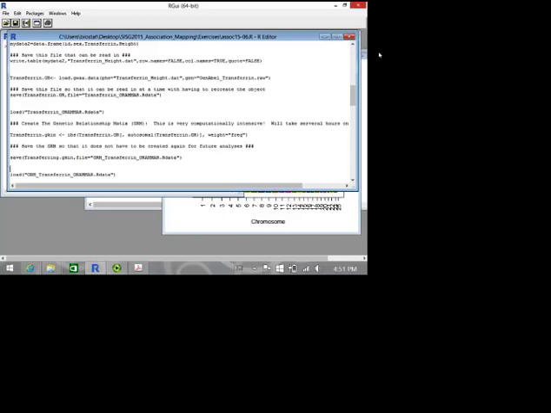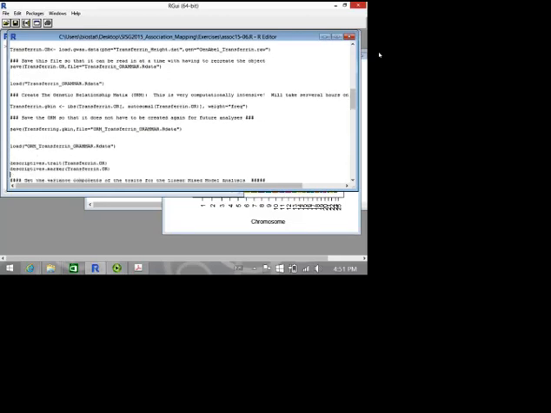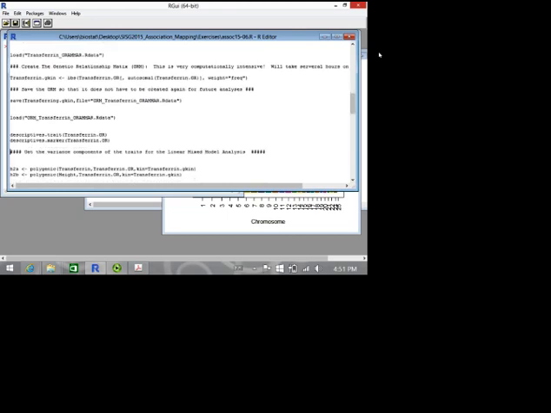Similarly, I created a genetic relationship matrix here, and then I saved that as well. So I've saved those 2 objects, and now I read them in. Once you save it, you can comment this out and just load it from now on.